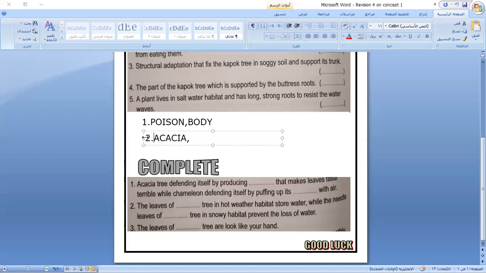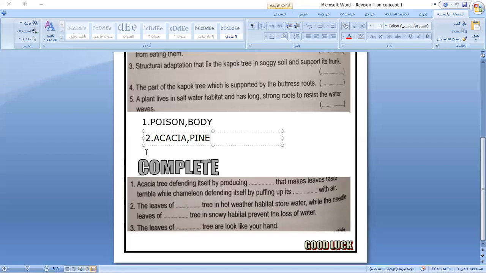Pine tree lives in polar area or cold area and has needle leaves to allow the sliding of snow and prevent the loss of water. So we write the answer: pine tree. Read the question again. The leaves of acacia tree in hot weather habitat store water, while the needle leaves of pine tree in snowy habitat prevent the loss of water.